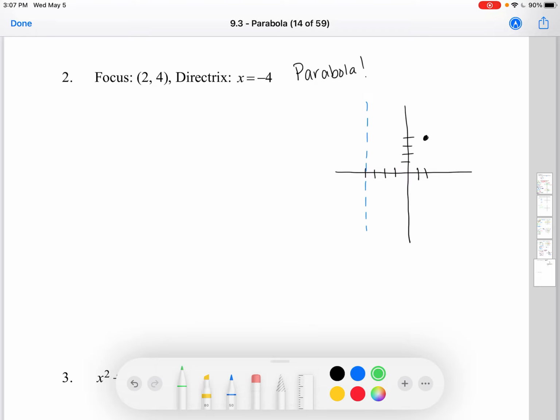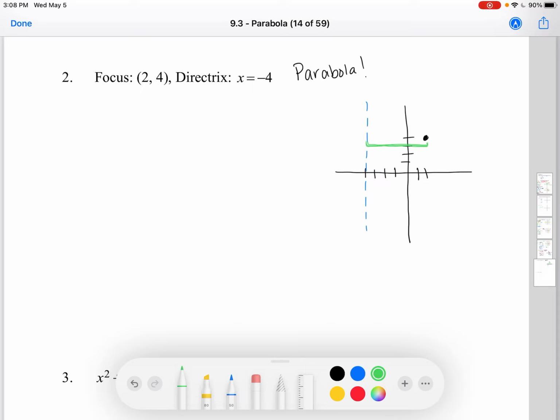So if the directrix is left and the focus is right, then that tells me that my parabola needs to include my focus, so it's going to open to the right. The question is, I don't know where. So I take a look at the directrix to the vertex, knowing that those are going to be equidistant from the vertex. I'm going to go ahead and find the midpoint, the center of those.